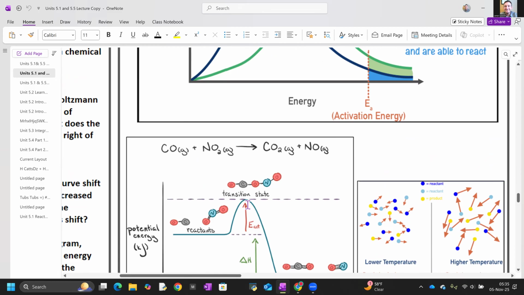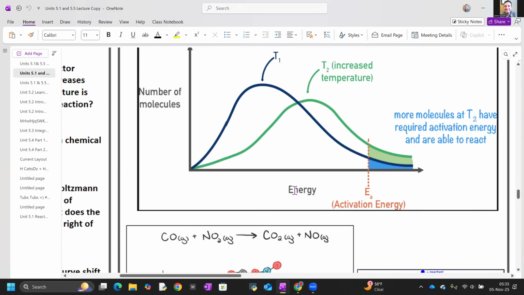They are relating to the same thing. This one is just simply informing us of the amount of energy, but the Maxwell-Boltzmann distribution is a little bit better for our explanation, especially with regard to the AP curriculum, because it says that we need to understand that a larger fraction of particles will have a sufficient amount of energy to go ahead and react.